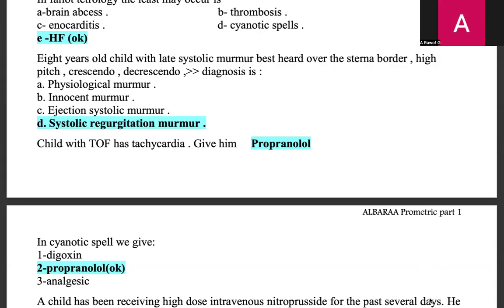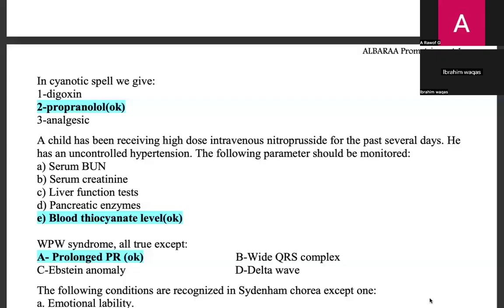A child with TOF has tachycardia, tachypnea, collapsed, but central pulse is good. This is a hypercyanotic spell. In a cyanotic spell, we give propranolol.